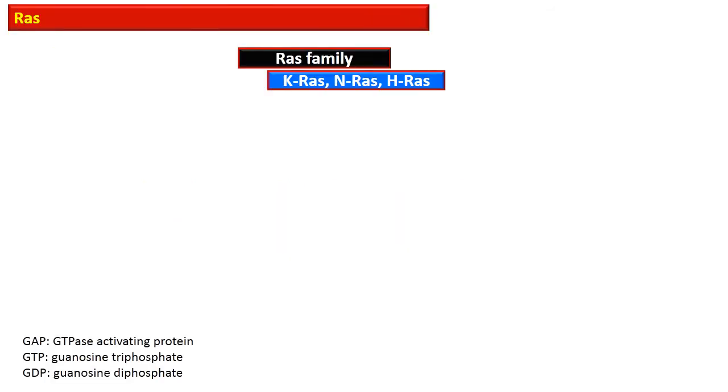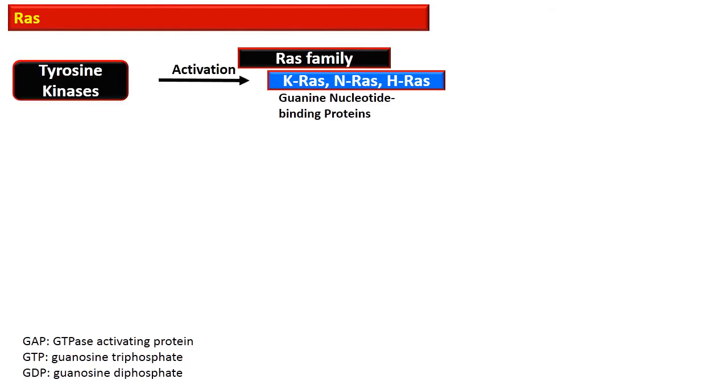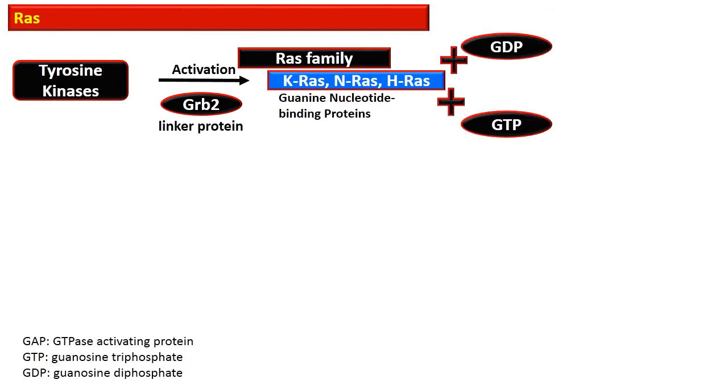The important members of the RAS family are KRAS, NRAS and HRAS, and these are guanine nucleotide binding proteins, and they are activated by tyrosine kinases, commonly with the linker protein GRB2. They bind with GTP and GDP both.